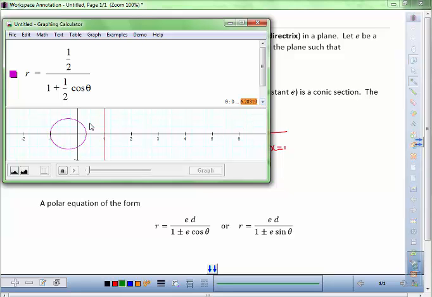You can have it either positive 1 or negative 1. You can have it as y equals 1 or y equals negative 1. But again, it depends on which of these functions you're using. So if you're using a sine, then your directrix is probably going to be horizontal.